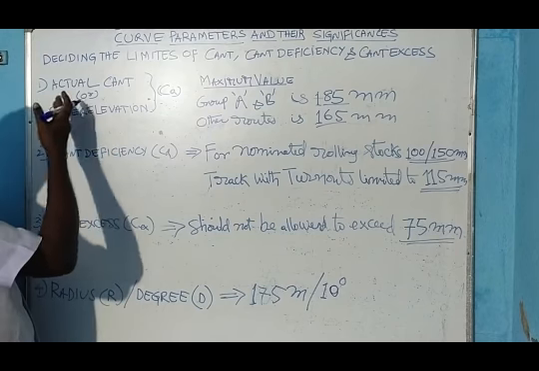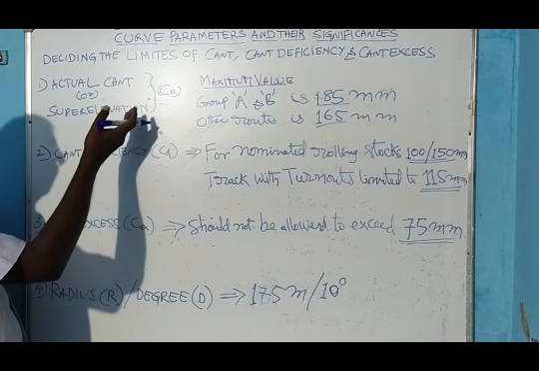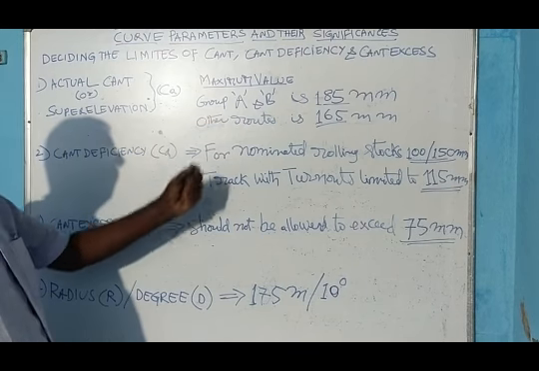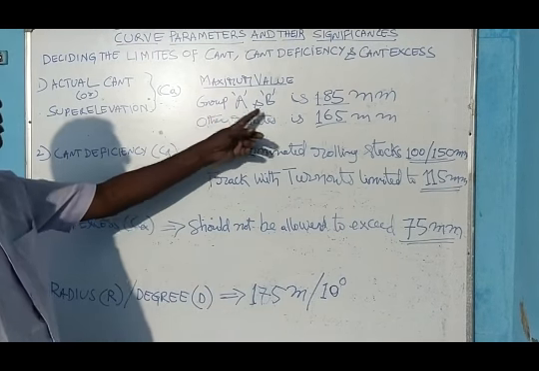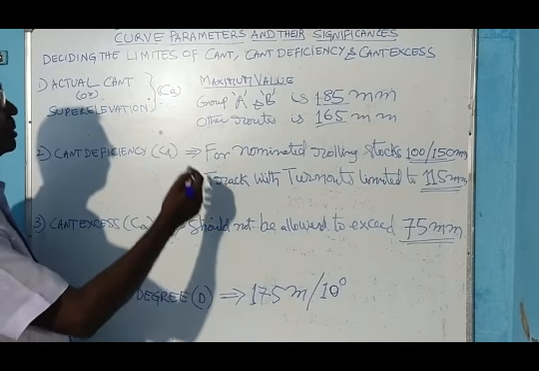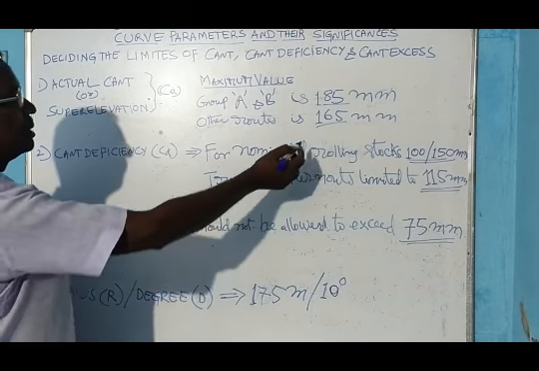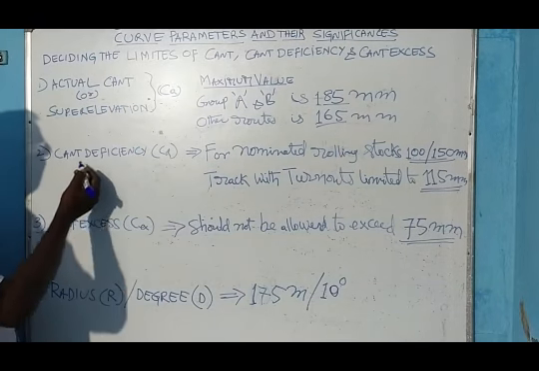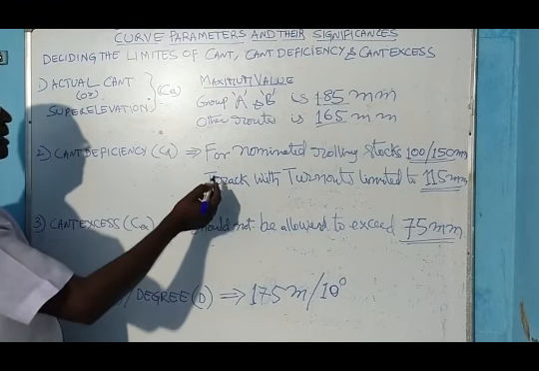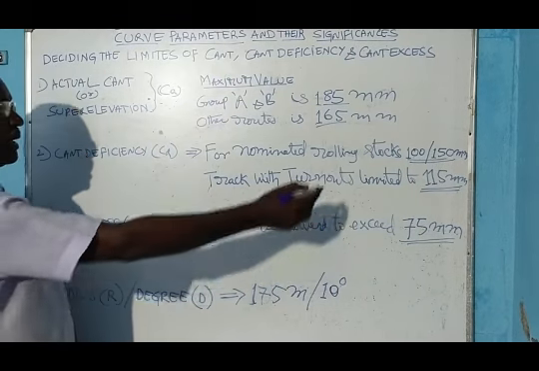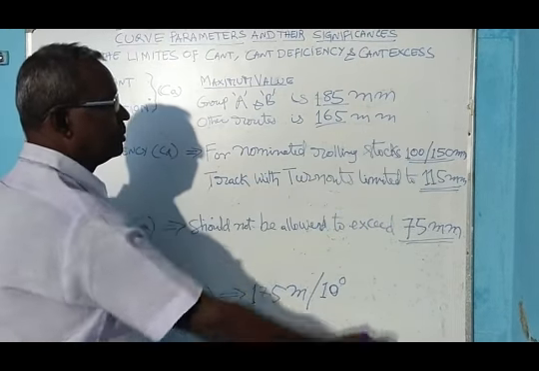Actual cant or superelevation, CA: the maximum value is 185 mm for group A and B routes, and for other routes, C and D, it is 165 mm. Next, cant deficiency: for nominated rolling stock it is 100 or 150 mm.